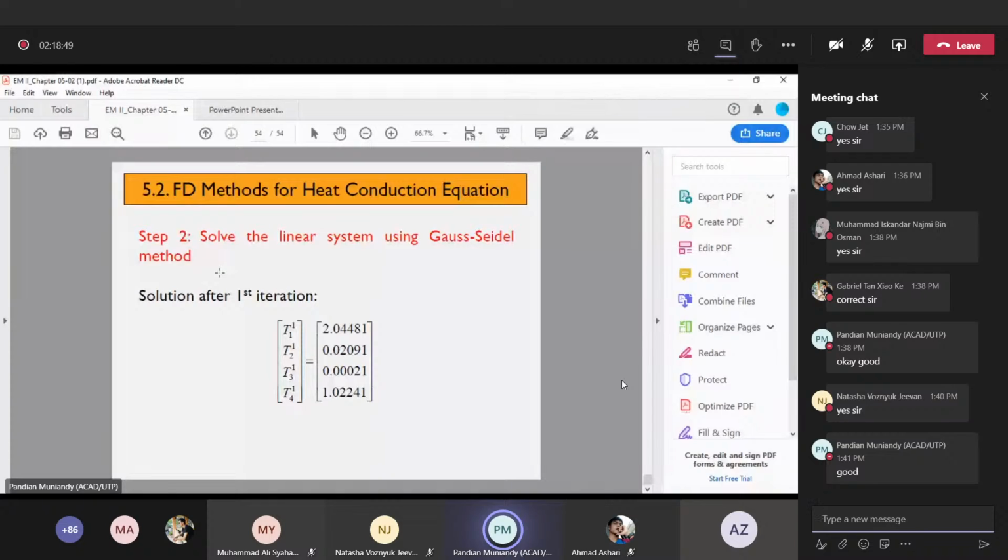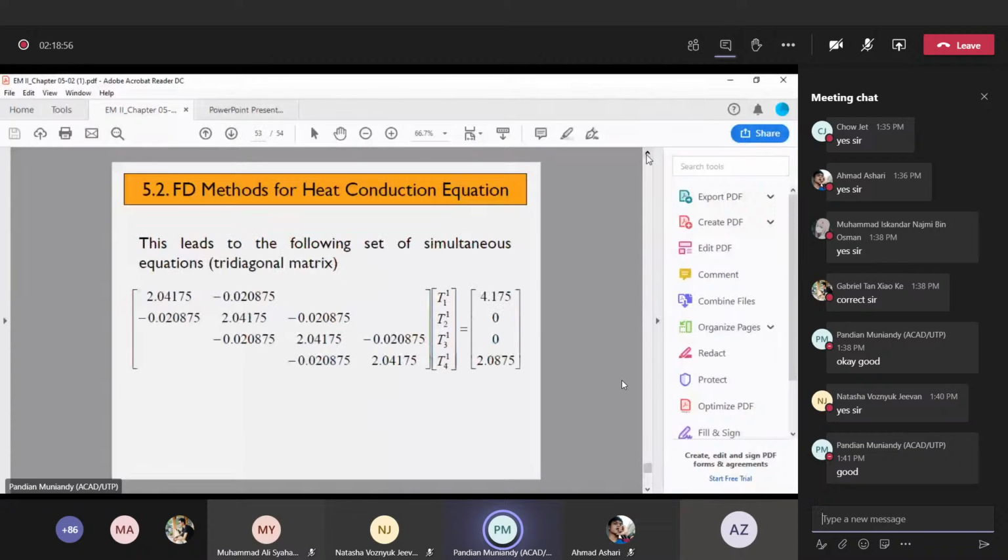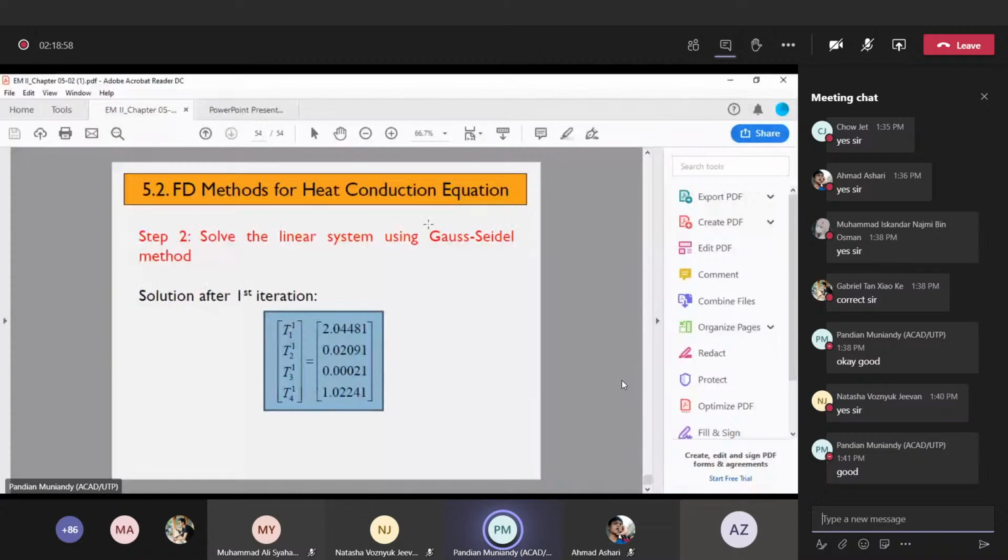This is for first iteration. To solve the system, we still use the Gauss-Seidel method. If you have time, you can solve, and next lecture we can verify this answer, whether correct or not. So next lecture will be on this. First iteration: T1 is 2.04481.